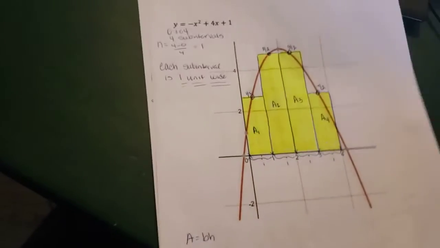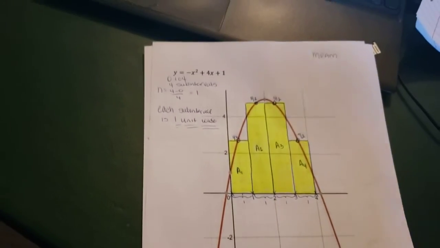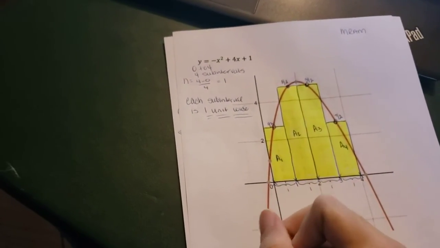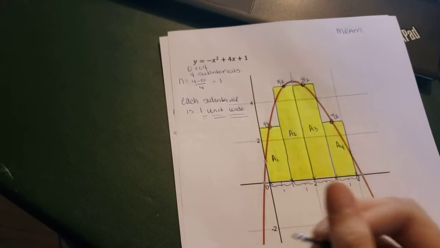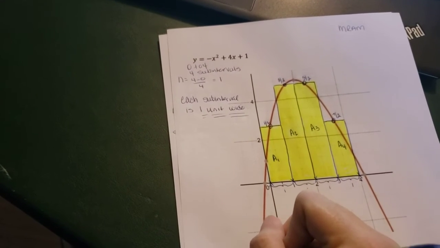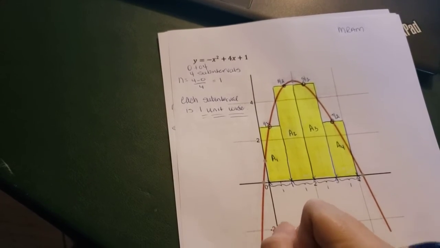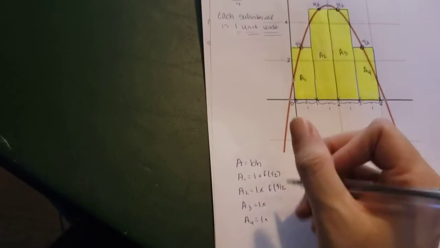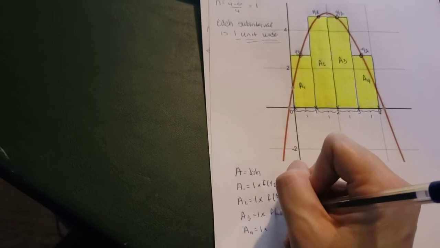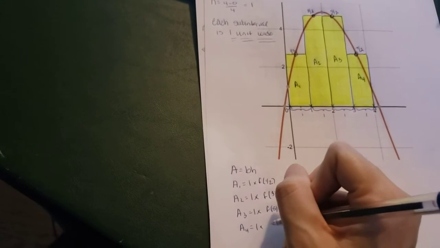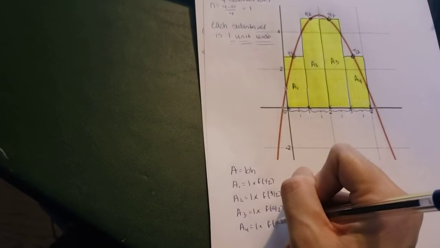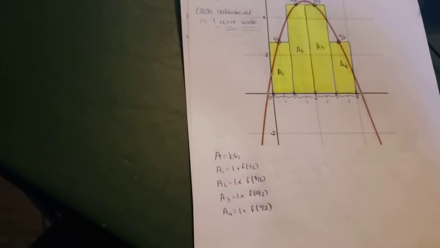Now, this is a lot of calculation to do. Okay, so everything is 1 times, so 1 times f of 1/2, 1 times f of 3/2, 1 times f of 5/2, and 1 times f of 7/2.